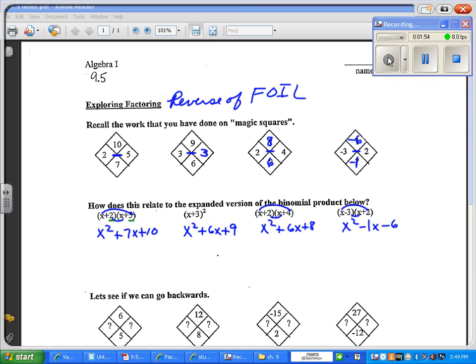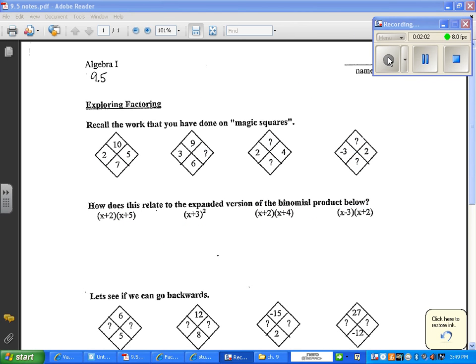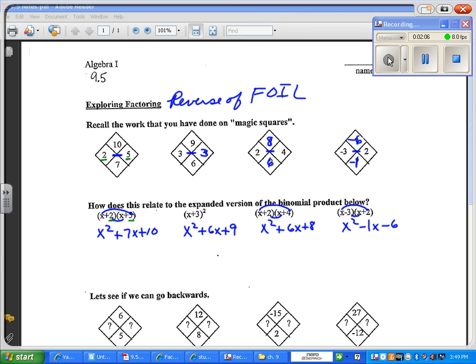Well, these numbers actually come from your magic square. The 2 and the 5 are the two numbers that are going to be multiplied and added. They multiply to give you the 10, which is the top number, and they add up to give you the 7, which is the bottom number. And in the next one, the two 3's are on the sides. They multiply to give you the 9, and they add up to give you the 6.